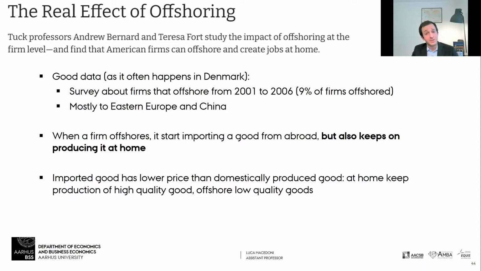In this case, we can, because firms declare whether or not they've been offshoring parts of production. Now, mostly this is happening with respect to Eastern Europe and China. Well, that's expected, especially between 2001 and 2006.